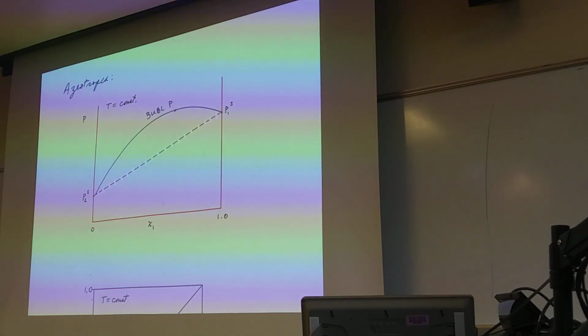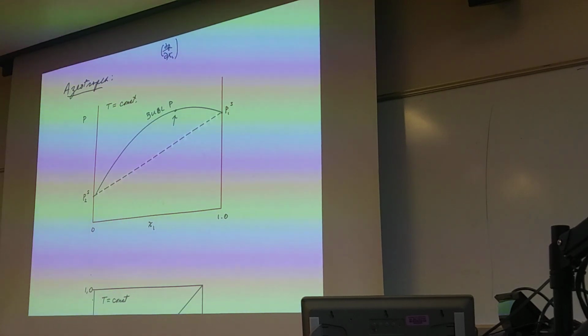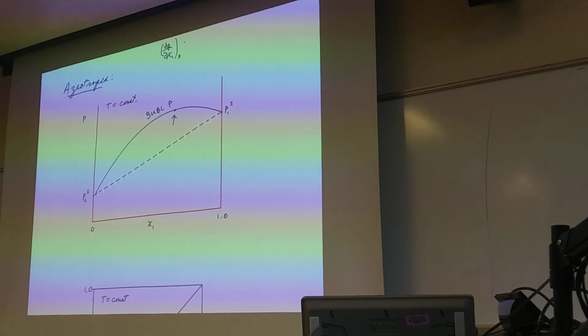And when this exists, the system exhibits an azeotrope. This is the azeotrope point right here. And at an azeotrope, I can write the partial of P with respect to x1, in this case at constant T, is equal to 0.